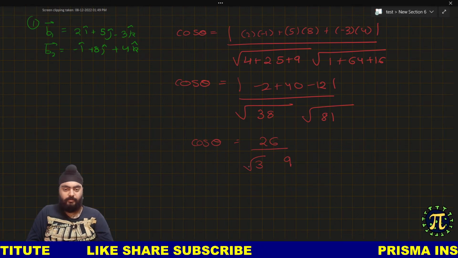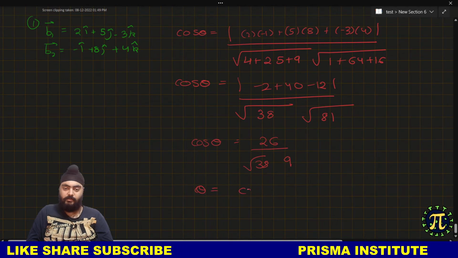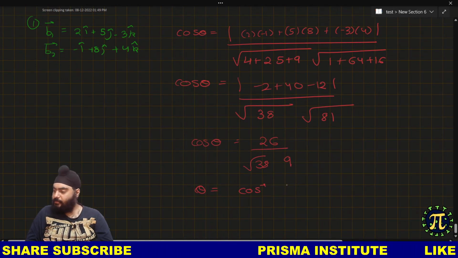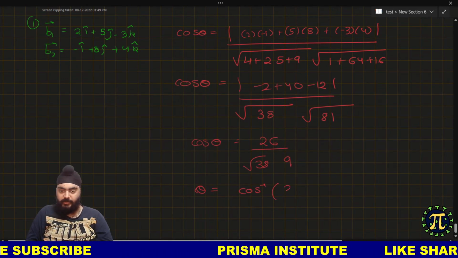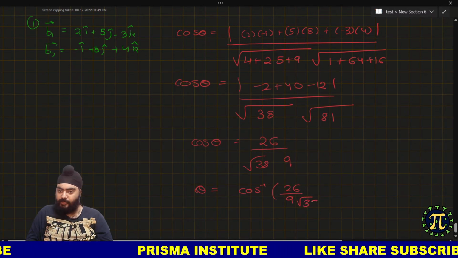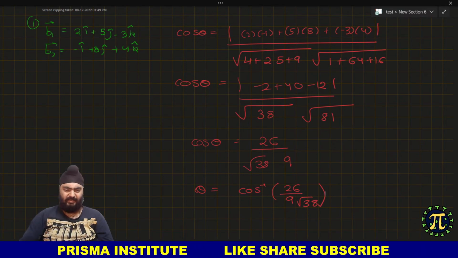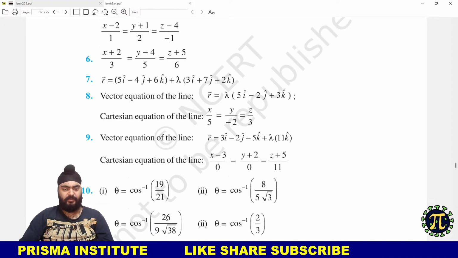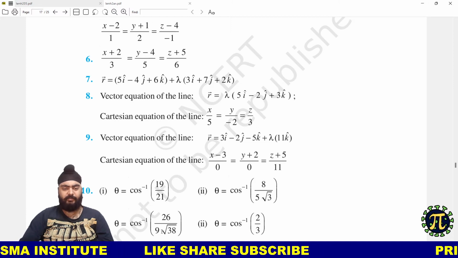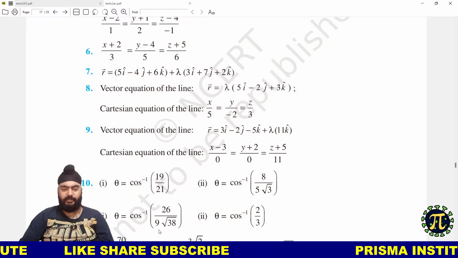Okay, so 38 and I can find theta is cos inverse 26 by 9 root 38. So is this correct? Mostly. So ये रहा. ठीक है, पिछला क्वेश्चन भी करेक्ट ही है मोस्टली. वहाँ पे बस यहाँ पे मिस्टेक है क्या प्रिंट हुआ होगा. So 26, 9 and root 38.